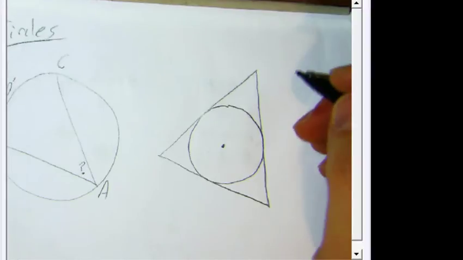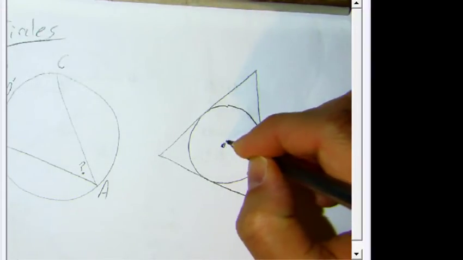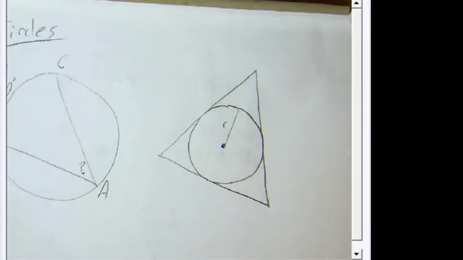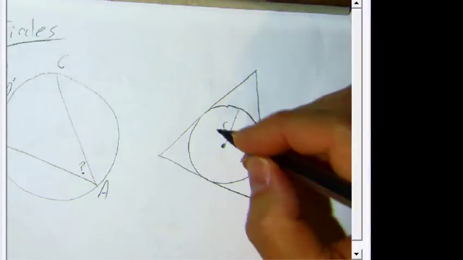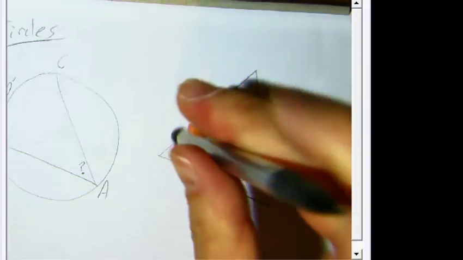So let me see. Let's say you're given this radius, and now you're going to need more information than that.